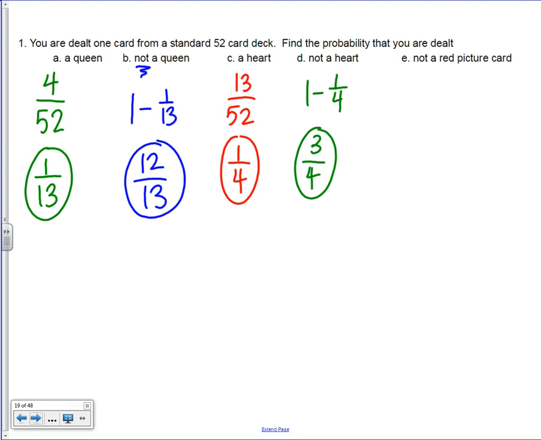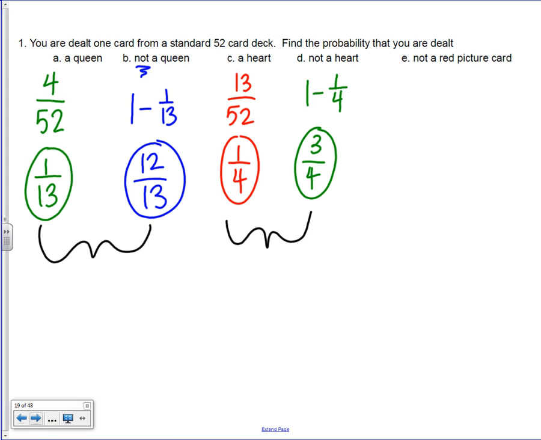Now, I hope you notice that if you put those two together, you would get 13 over 13, which would be 1. And if you put these together, you'd get 4 out of 4, which would be 1. That is true anytime you're using a not probability.